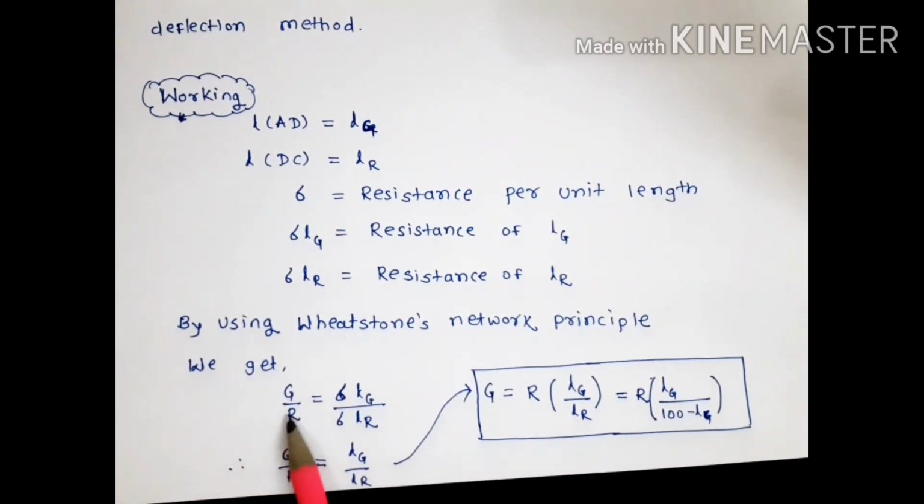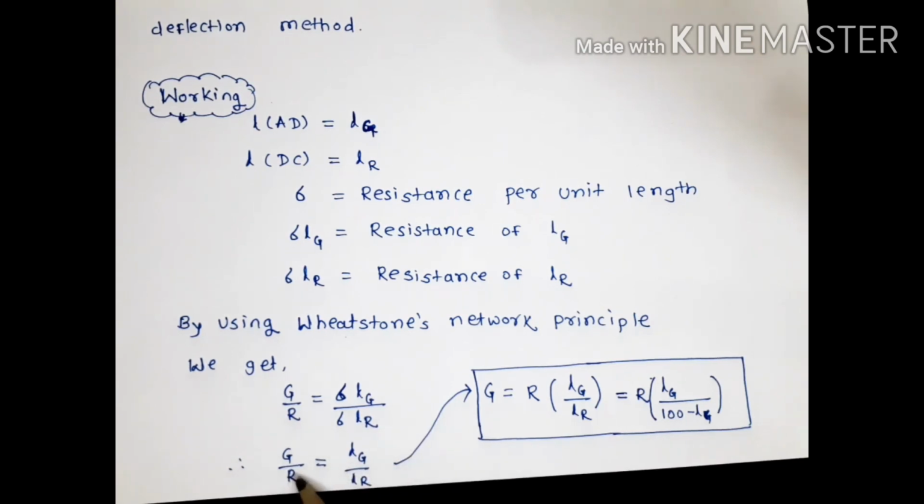Here G divided by R is equal to sigma LG divided by sigma LR. This term gives the value of the resistance of LG, this term gives the value of the resistance of LR, sigma gets cancelled, therefore G divided by R is equal to LG upon LR.